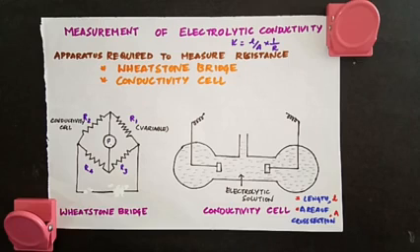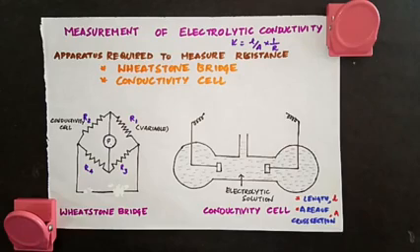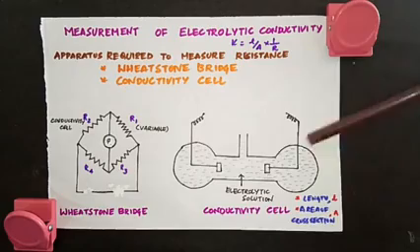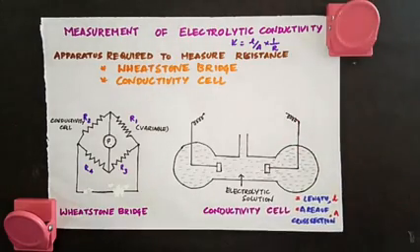The first problem is solved by using an alternating source of current. We are not going to use direct current, we are going to use AC current. The second problem can be solved by using an apparatus called a conductivity cell. You can fill the electrolytic solution in this cell, which is made of glass and consists of electrodes, and then connect this in the Wheatstone bridge.